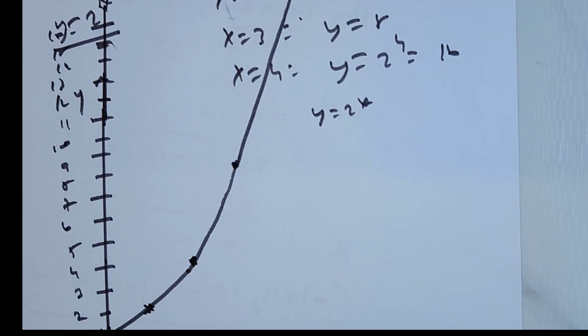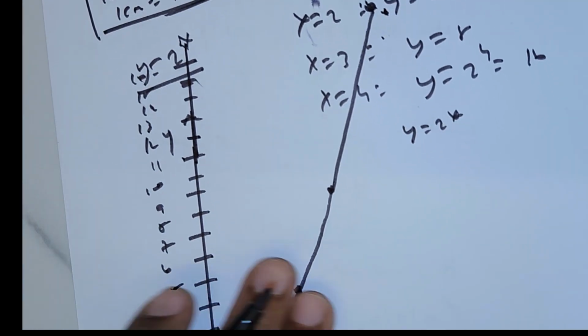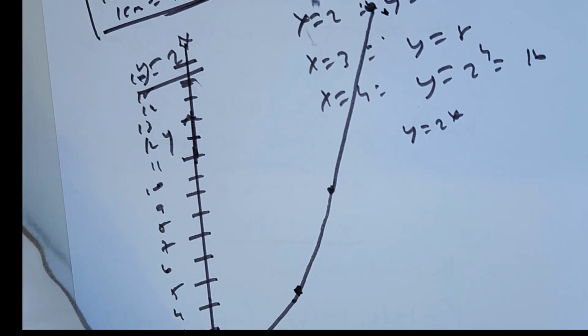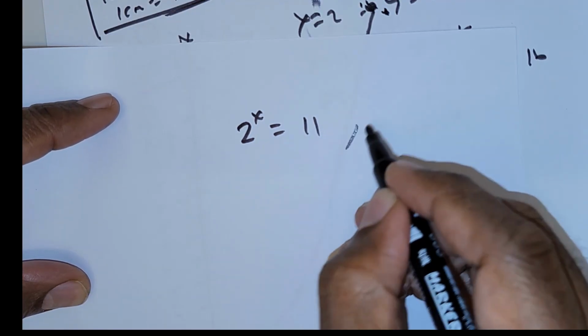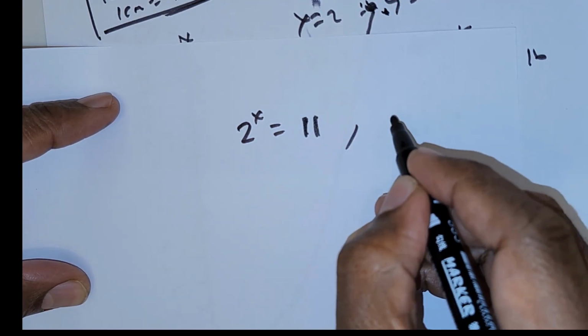Okay, fair enough. Now they are asking us to find a value. Let me take another sheet. You're asked to solve 2 raised to the power of x is equal to 11.